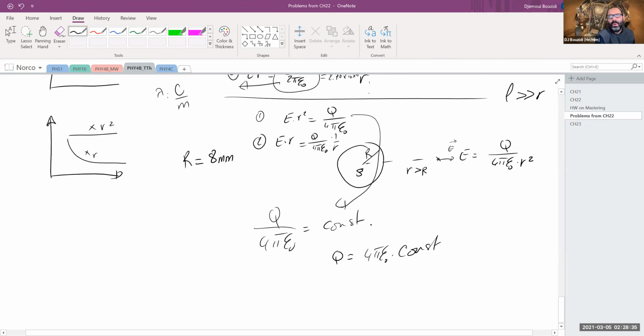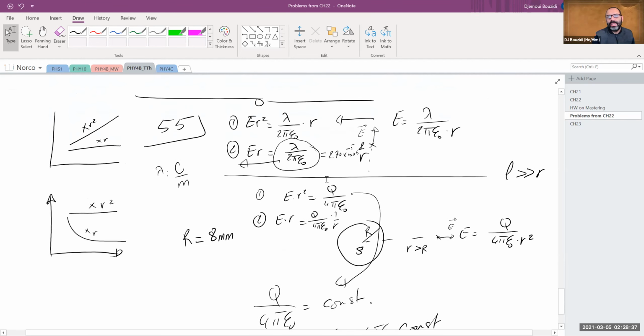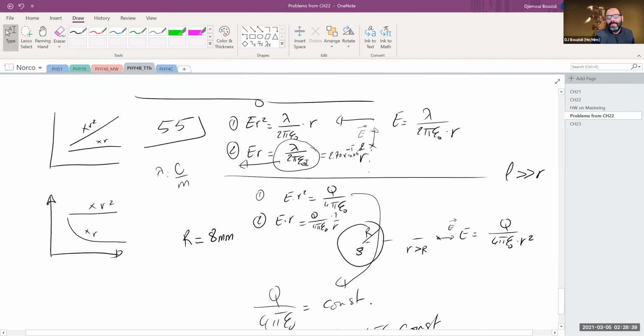Remember? Oh, I think I know what went wrong in that analysis. Okay, remember, no, I think we were right in the beginning because I was worried about this number being too big. Remember, when I divide by 4 pi epsilon naught, it is 9 to the power 9. As a matter of fact, this answer for lambda looks a lot better now.